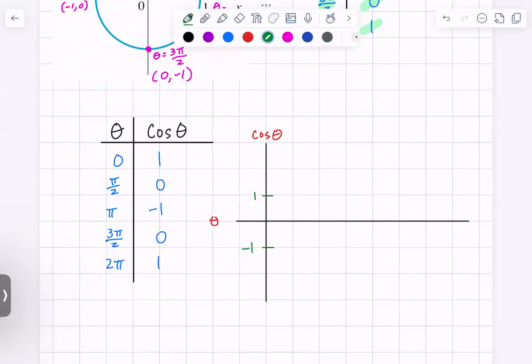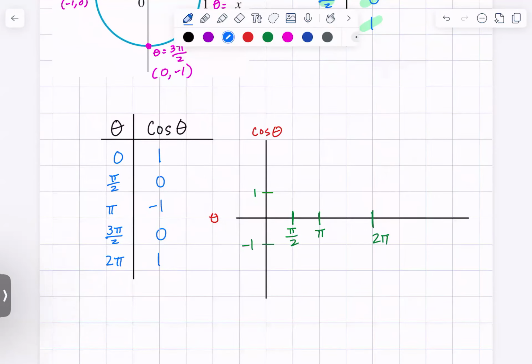So again, I'm going to skip 4. So the fourth unit, I'm going to label that 2 pi, because that's going to be one full period of cosine. So here, halfway is pi. Halfway between 0 and pi is pi over 2. So I know each unit now is pi over 2.